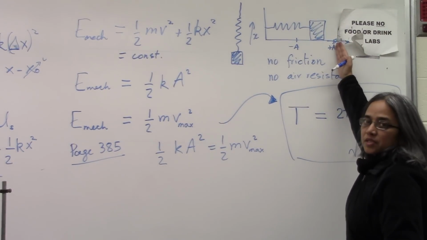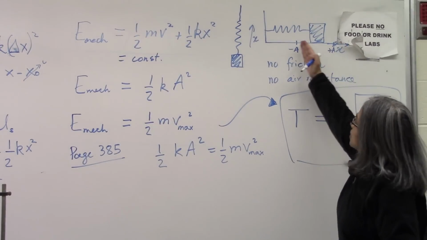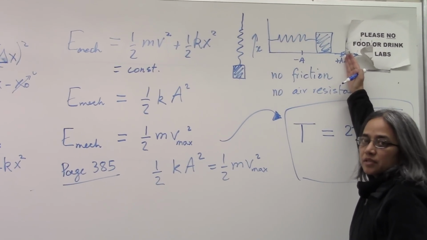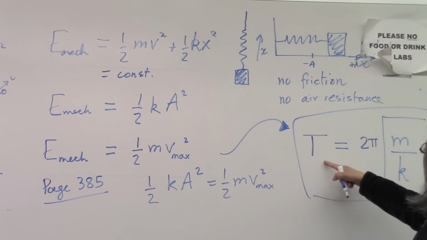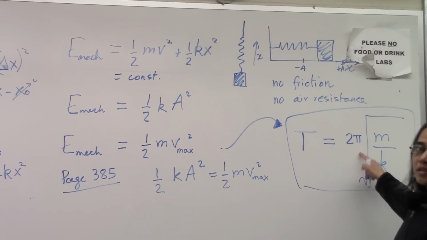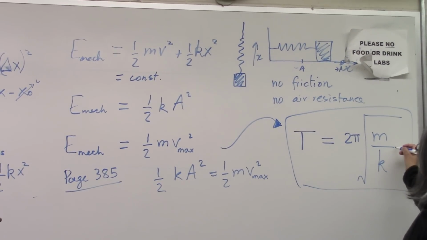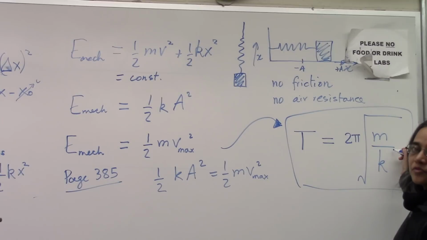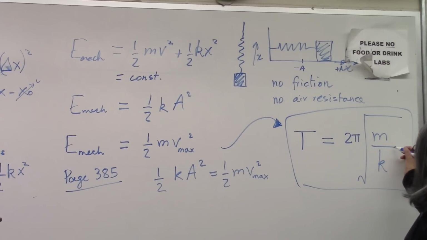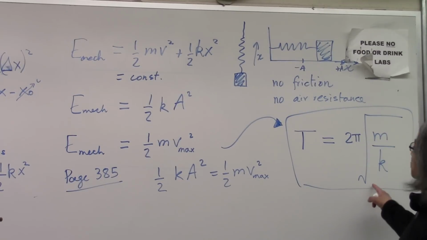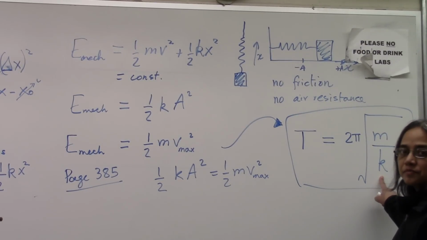So let's say you're counting from plus A to minus A, and then back to plus A. That's one cycle. So T is the time for that, and it tells us that the time for one complete oscillation is proportional to the square root of the mass of the system, and inversely proportional to the square root of the spring constant of the spring.